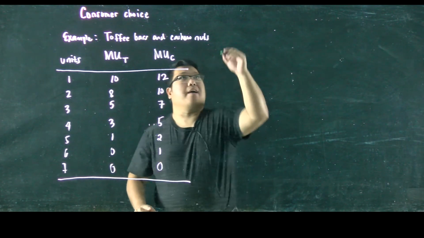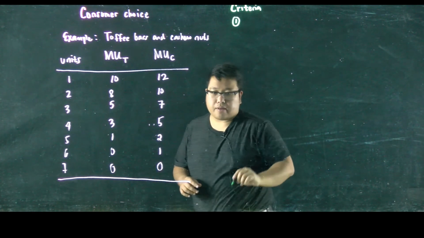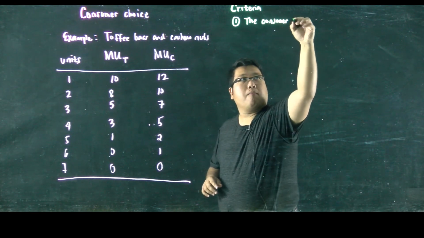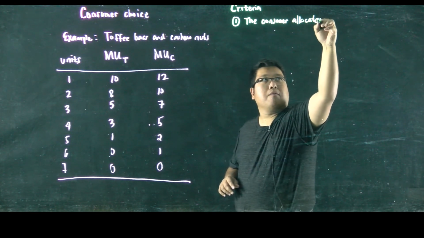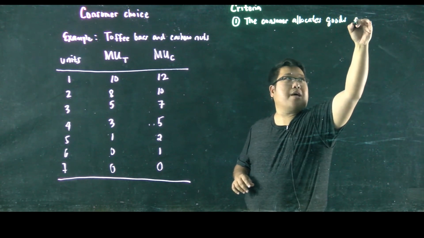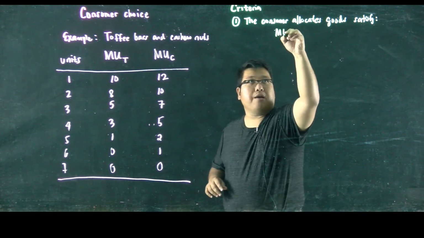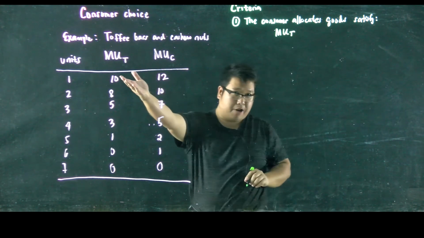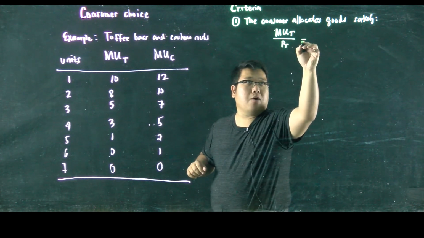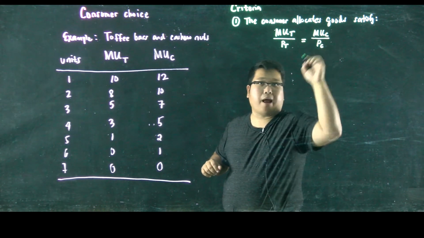The first criterion is that the consumer allocates goods that satisfy the following: the marginal utility for toffee, in this case, divided by the price of toffee is equal to the marginal utility for cashew divided by the price of cashew nuts.